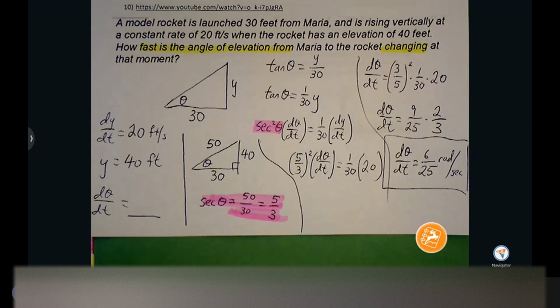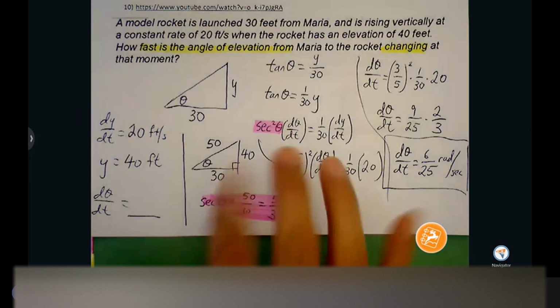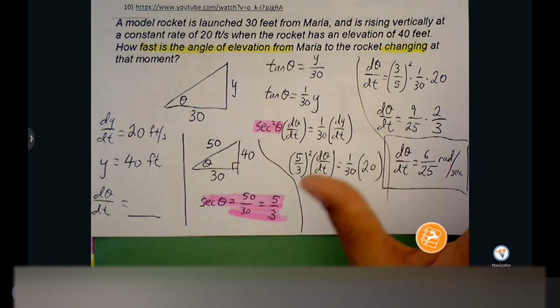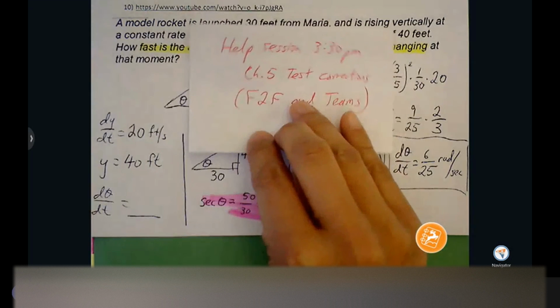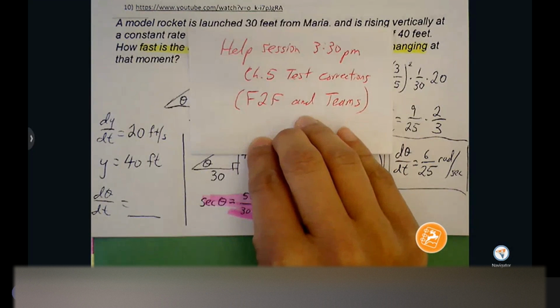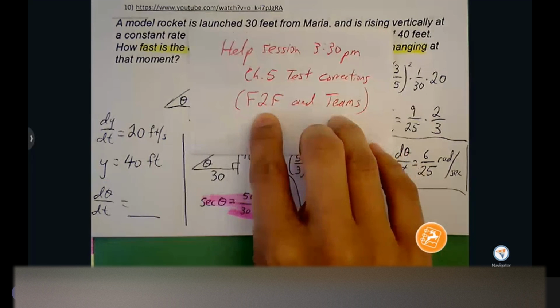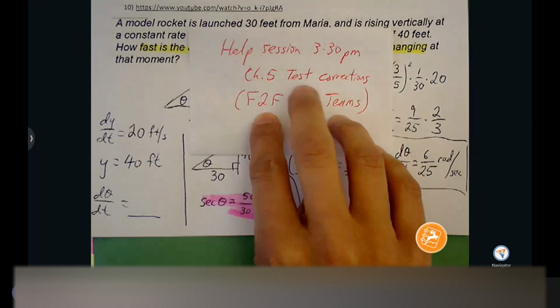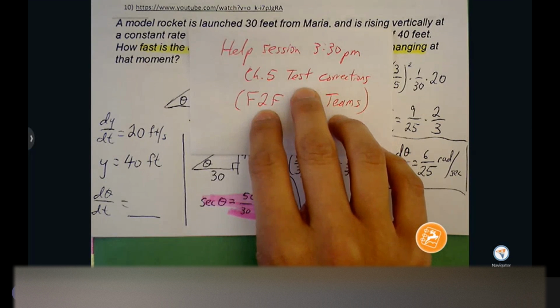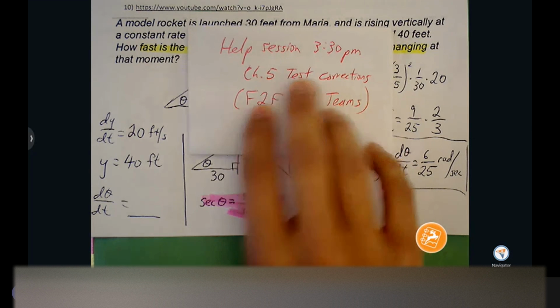Okay, so Monday we'll do a full review with related rates, trig derivatives, and inverse trig. This afternoon, I'm going to have a help session at 3:30, face-to-face and Teams. It'll be recorded. If you want help doing test corrections, I'll do similar problems to help you with the steps.